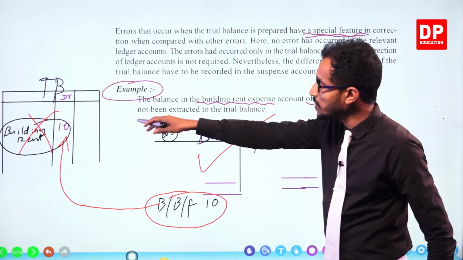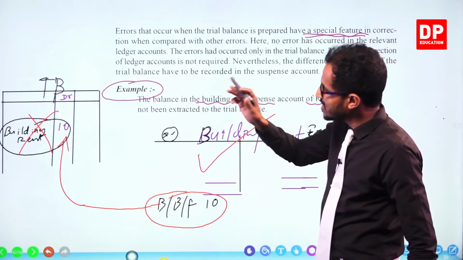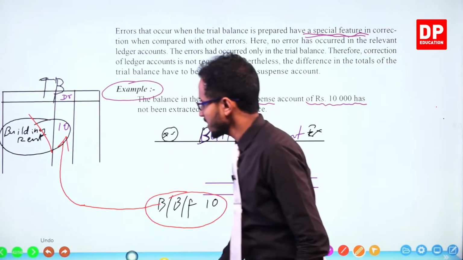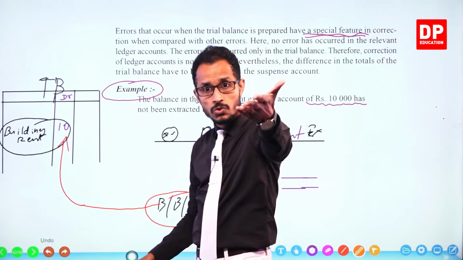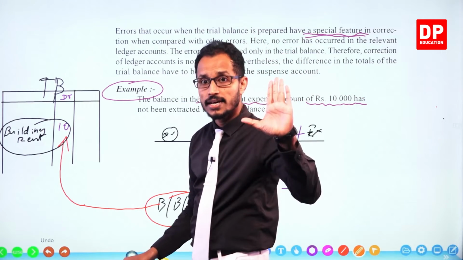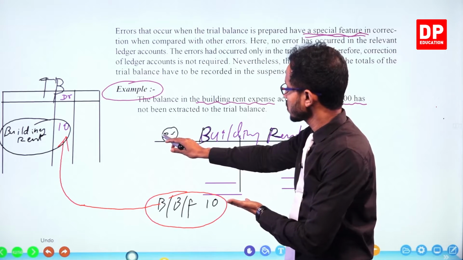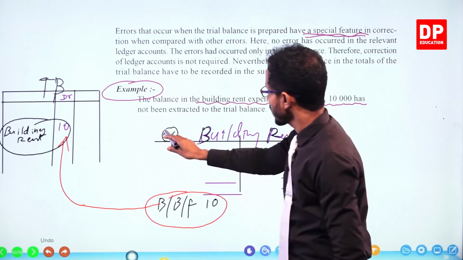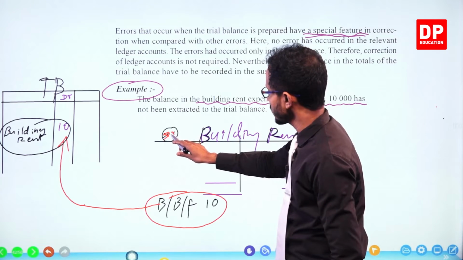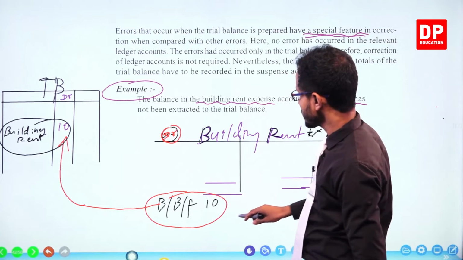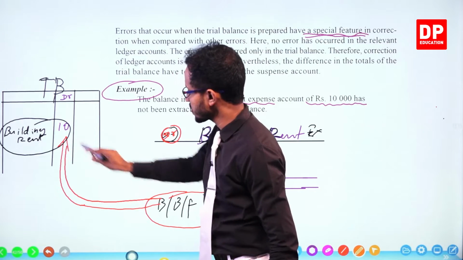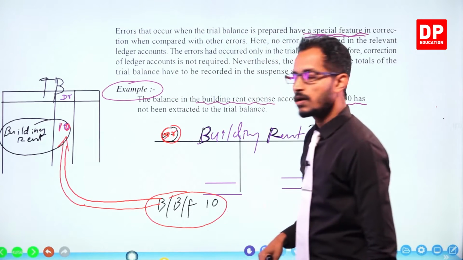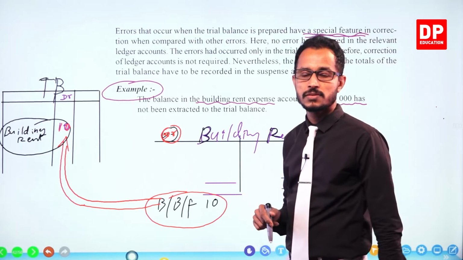What you do, children, is enter this account balance to the trial balance debit side when correcting, because it's missing in the trial balance.